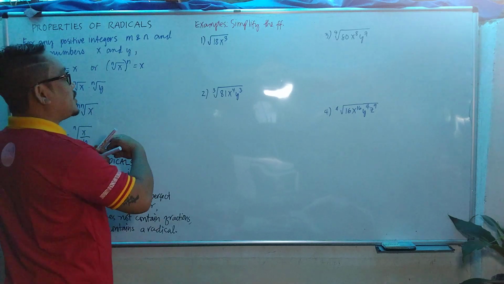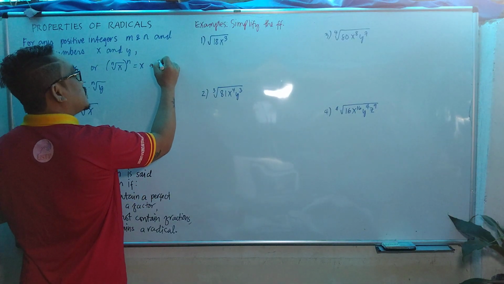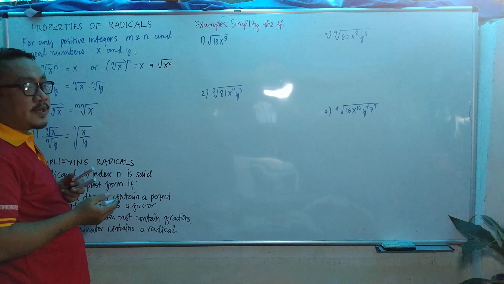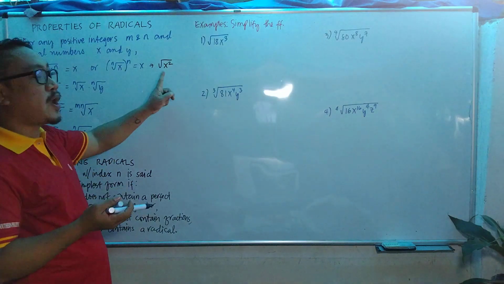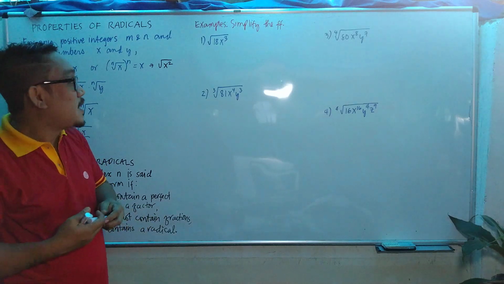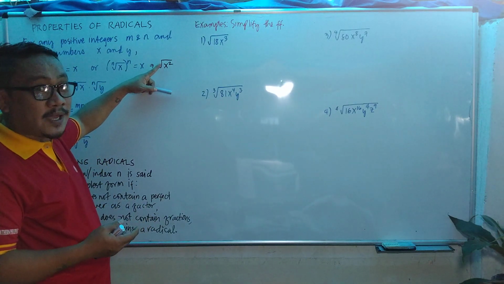For example, the square root of x squared. When we say square root, it is understood that the index is also 2, correct?